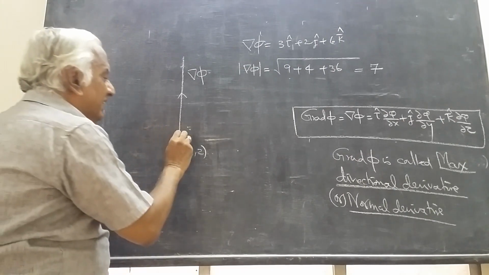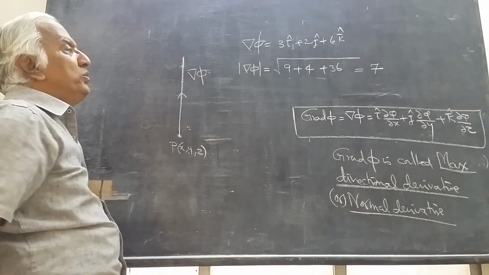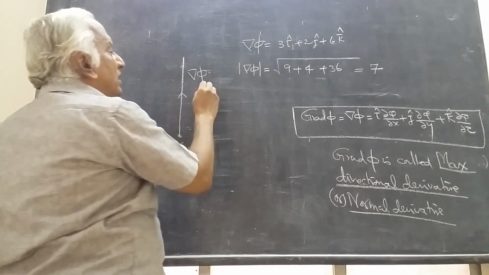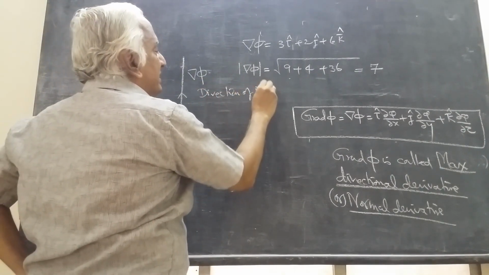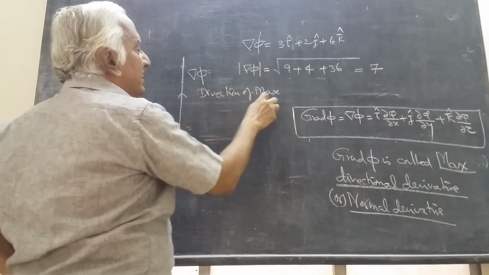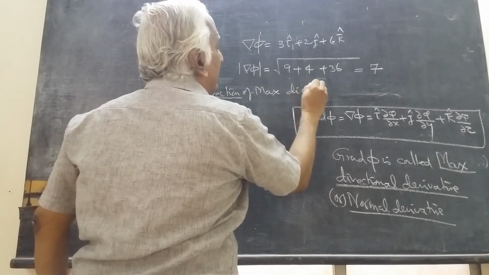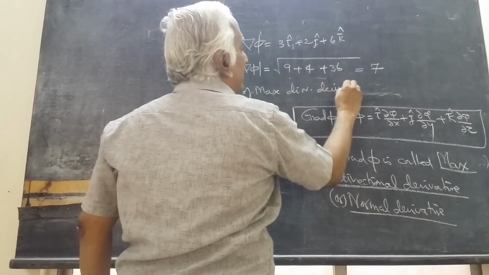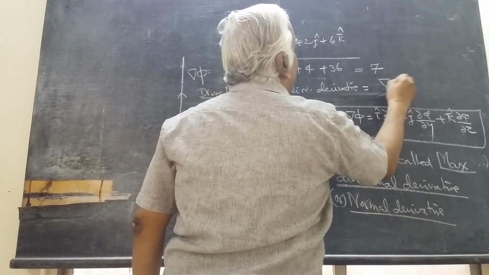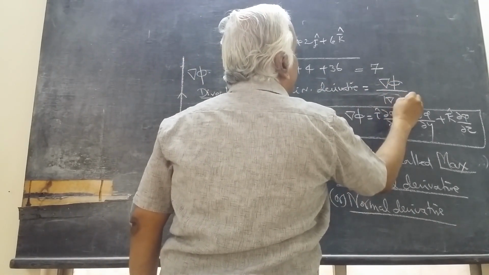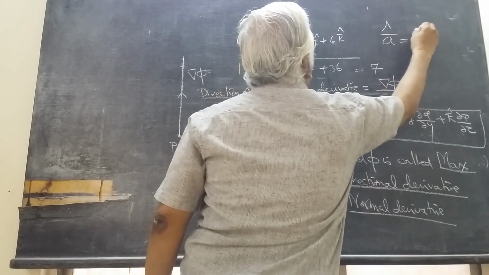So what is the direction of the maximum directional derivative? You have to give a unit vector. What is a unit vector? Vector divided by its modulus.